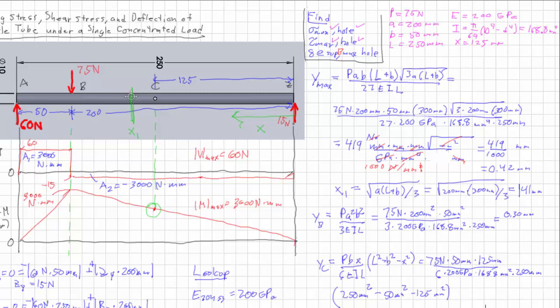And when all is said and done, that comes out to 0.41 millimeters. And that's not that surprising because that's where X is 125 millimeters, not too far from the 141 millimeters here.